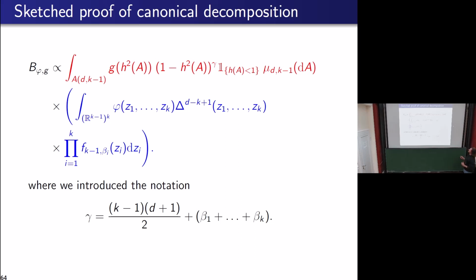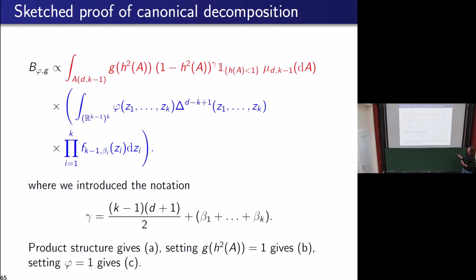And you can already see that this looks like another beta density. So the product structure gives us the independence. If we set g to be 1, we get the second statement over this density, and doing the other thing respectively gives us the density of this. So this is the sketch proof of it.